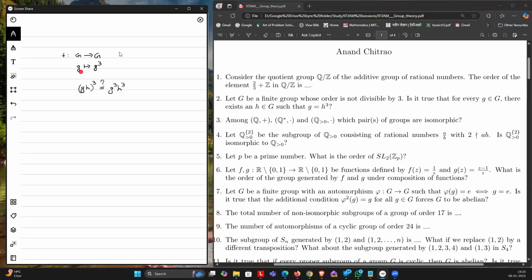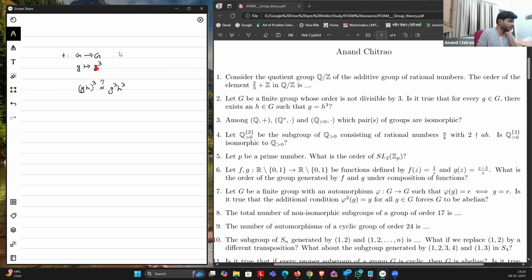But the issue with this proof is that this map is not a homomorphism. You know that this map will become a homomorphism if G is abelian, right?